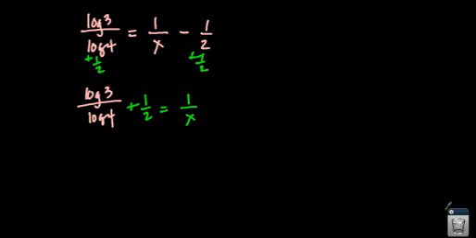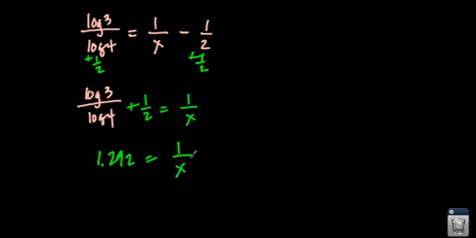I'm going to go ahead and in my calculator, I'm going to do the math now. I'm going to say the log of 3 divided by the log of 4. Oops, I suppose I should close my parentheses. Okay, plus half. Okay, and I get about 1.292 is equal to 1 over x.